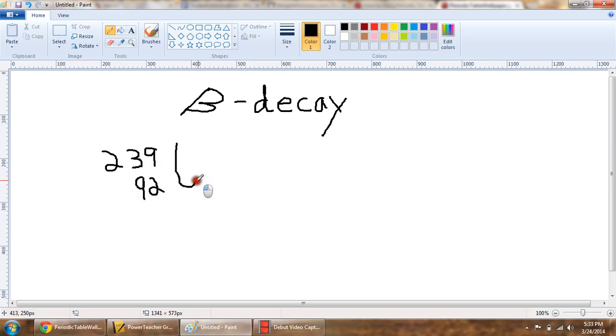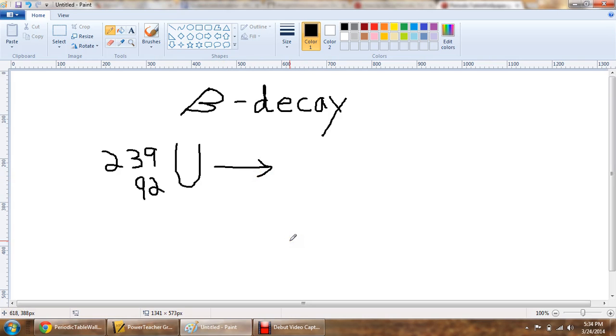The speeds are fractions of the speed of light, talking about 5 to 10% the speed of light, so extremely fast. That makes them dangerous to humans. If you are exposed enough to beta decaying radioactive material, it can cause some long-term damage to you.